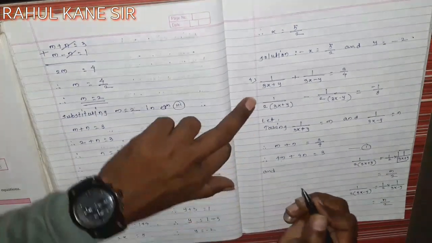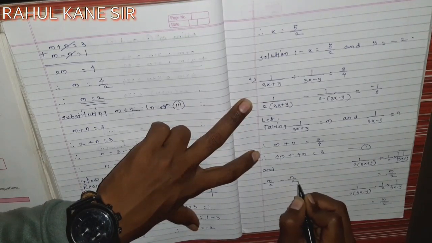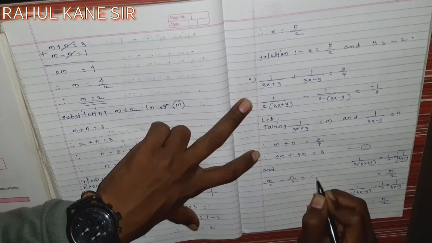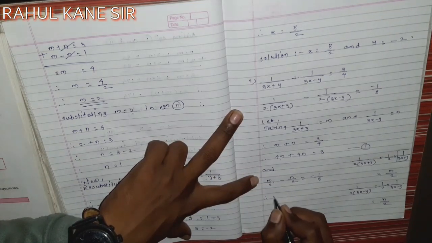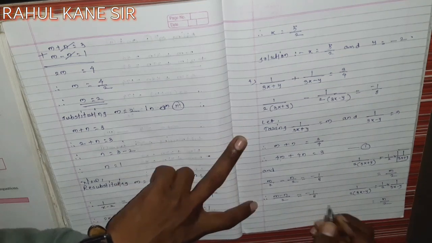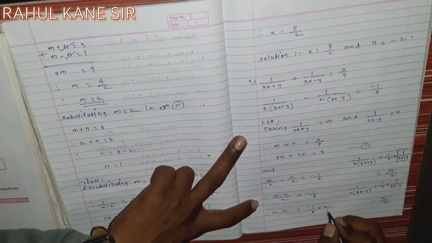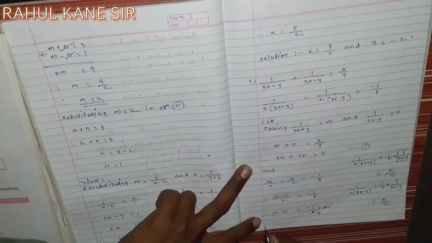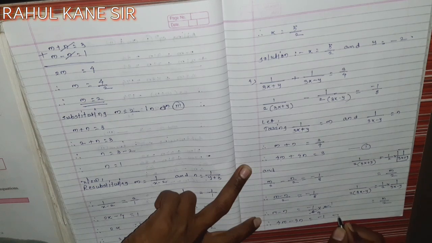And for the next one we get m upon 2 minus n upon 2 equals minus 1 upon 8. With the same denominator, we get m minus n upon 2 equals minus 1 upon 8. Therefore m minus n equals minus 1 upon 8 multiplied by 2. Dividing by 2 and multiplying, we get 4m minus 4n equals minus 1, equation number second.